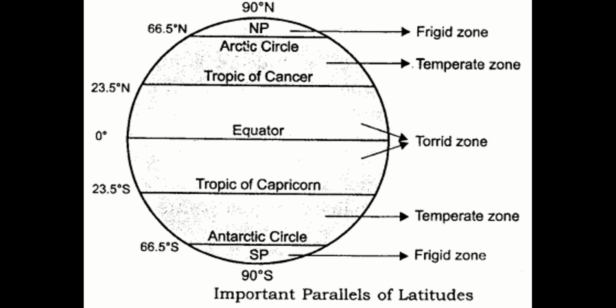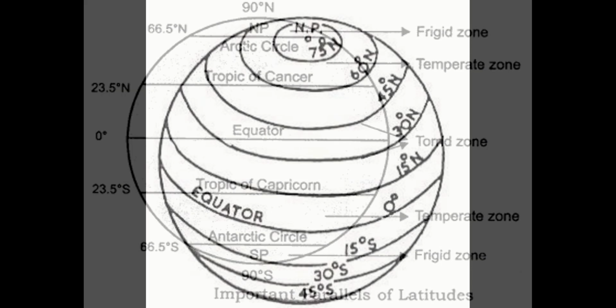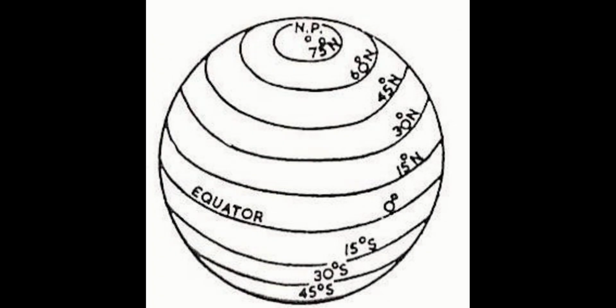Now, these latitudes, as I told you, are not straight lines, but they are all circles. Now you can see near the North Pole, there is a line drawn. That circle is small. As you come towards the Tropic of Cancer, that circle becomes a little bigger. As you come towards the equator, that circle becomes the longest one.